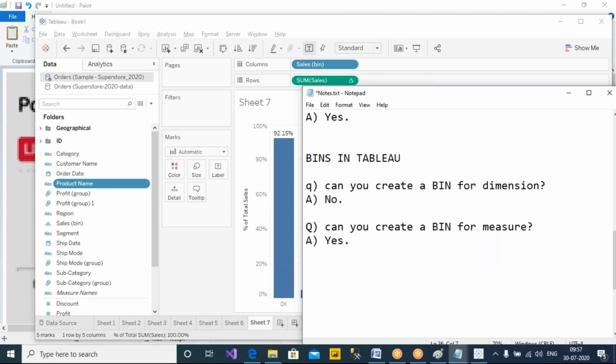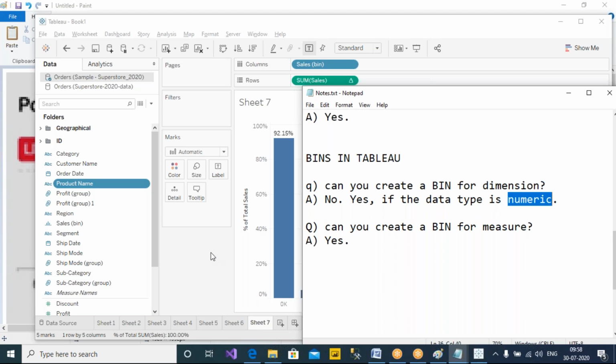But here we can say one more point: yes, if the data type is numeric. What does that mean? Can you create a bin for a dimension? Generally, the answer is no. But if the data type is numeric, then we can create a bin, but that is of no use.